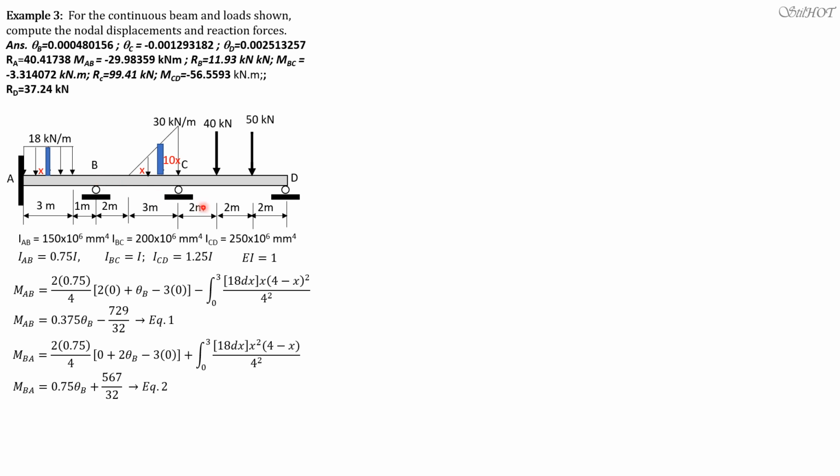Moment BC, B is the near end, is equal to 2 times EI, which is 1 this time, divided by the span, which is 5, times the quantity 2 theta B plus theta C minus 3 times 0, minus the integral of 10x dx times the quantity (x plus 2) times (3 minus x) squared, where x plus 2 is the distance of the center of the strip from B, and 3 minus x is the distance of the center of the strip from C, because this is x and the total length is 3.